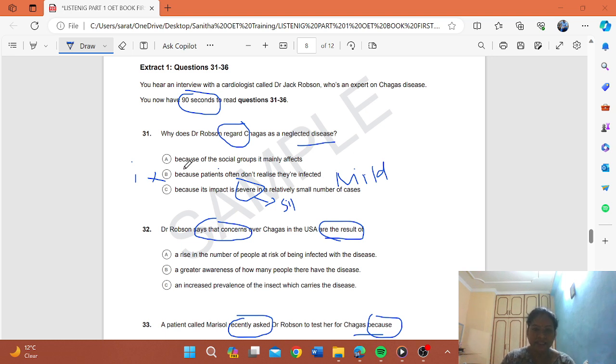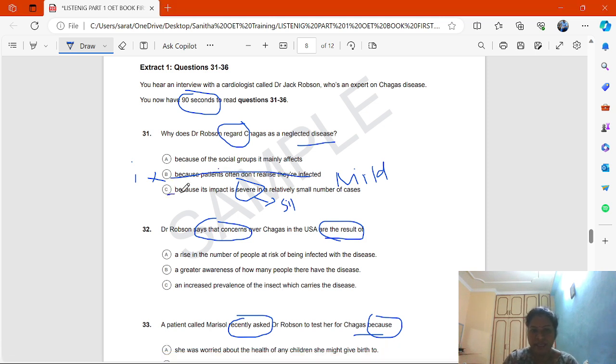So it is not a concern, and we can eliminate option B. In option C, he said a relatively small number of cases, that is 30% of cases, where the symptom is silent. So here also you can eliminate these two options.